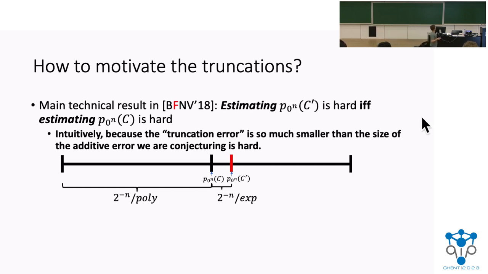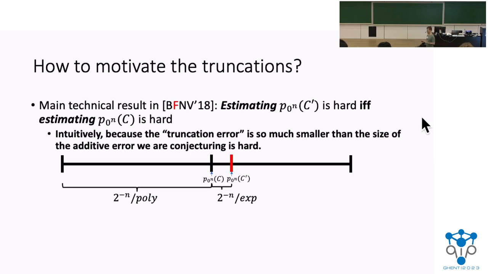And why is that? Well, I'm not going to prove that here. It's quite technical, but intuitively it's because the error we're making by truncating our unitary operator is so much smaller than the additive error we're conjecturing is hard. If you look at my interval picture here, my cartoon of what's going on, what we're actually showing is hard is this output probability that I'm calling C prime, which is the truncated circuit.